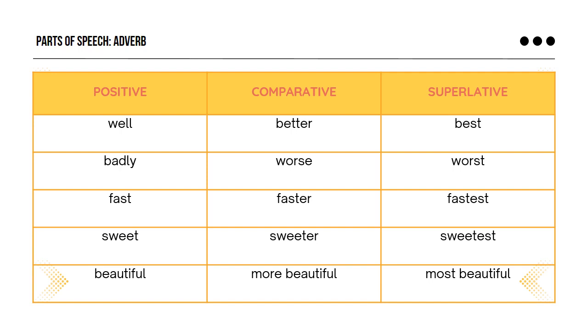So we have for the positive is well. Comparative, it becomes better. Superlative becomes best. And then badly or bad, it could also be bad. Badly, worse, and then worst. Next is we have fast, faster, fastest. We also have sweet, sweeter, and sweetest.